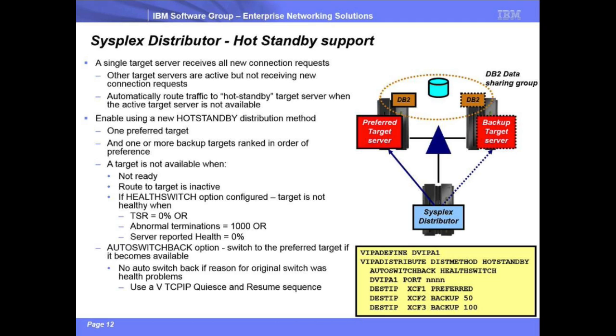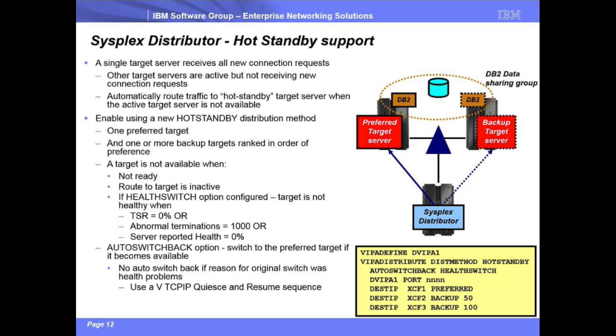Earlier, there was a question about how to prevent a target from receiving new connections, and then how to get the target to start receiving new connections again. So this is an example of if you want to use a preferred target after we've switched away from it because of health problems, you can cause it to switch back by using a VARY TCP quiesce and resume sequence.